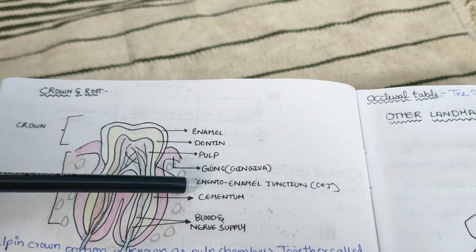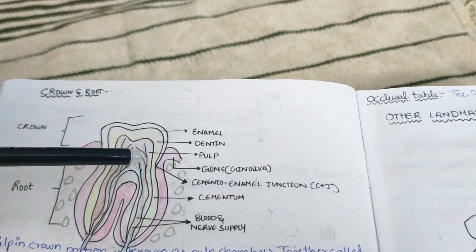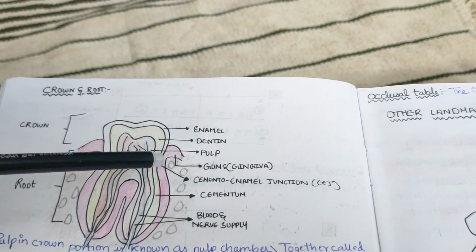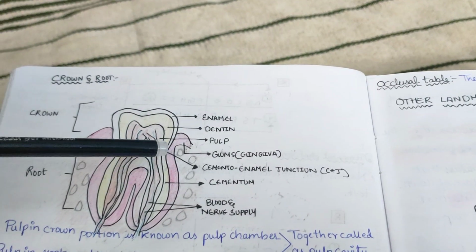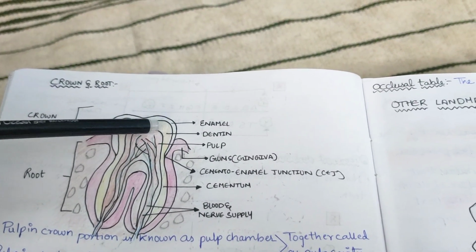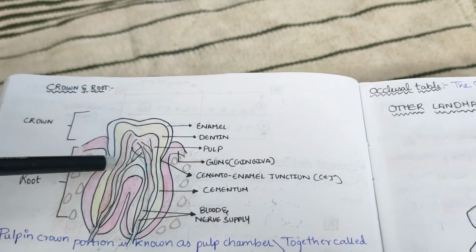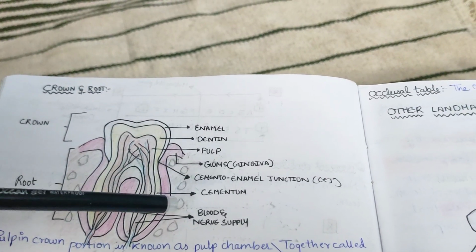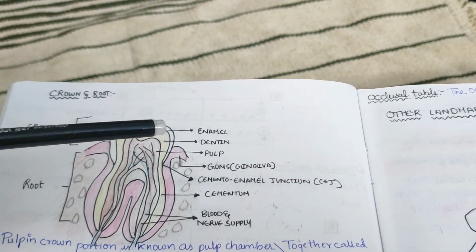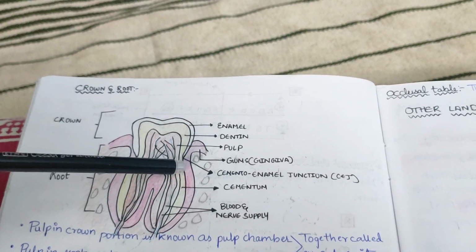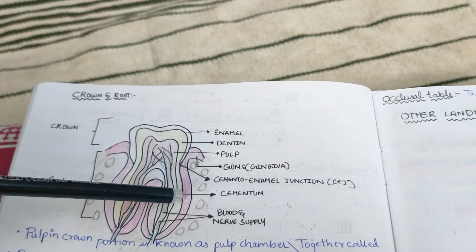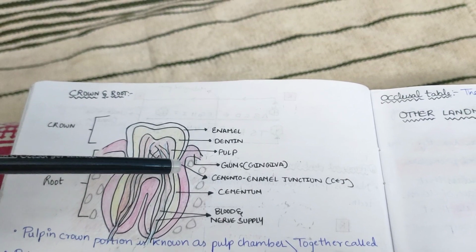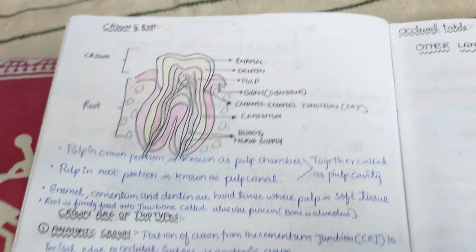Now here we have the cemento-enamel junction. The cemento-enamel junction, or CEJ, is where the dentine in the crown, if it goes to the root, is called cementum. So the junction between the enamel and cementum, or the root dentine, is known as the cemento-enamel junction.